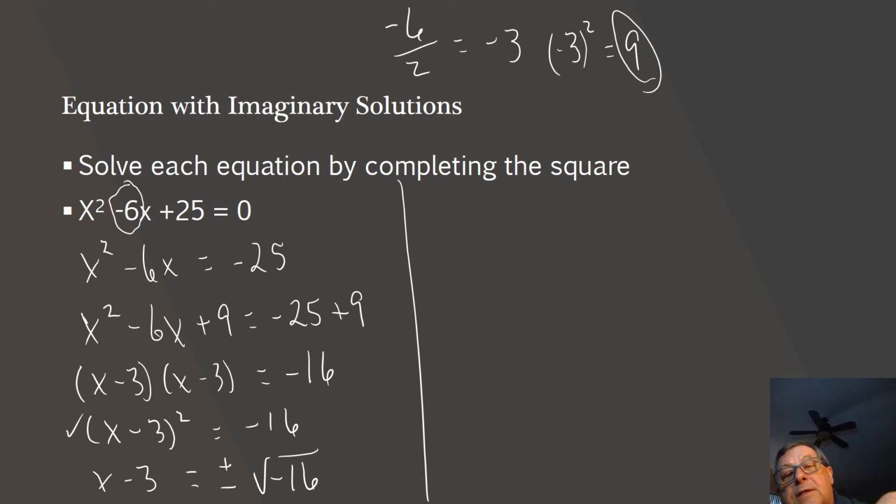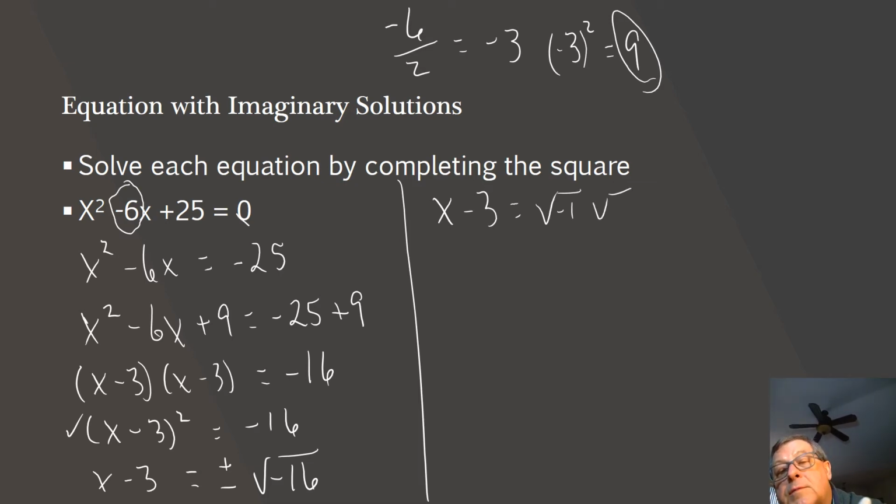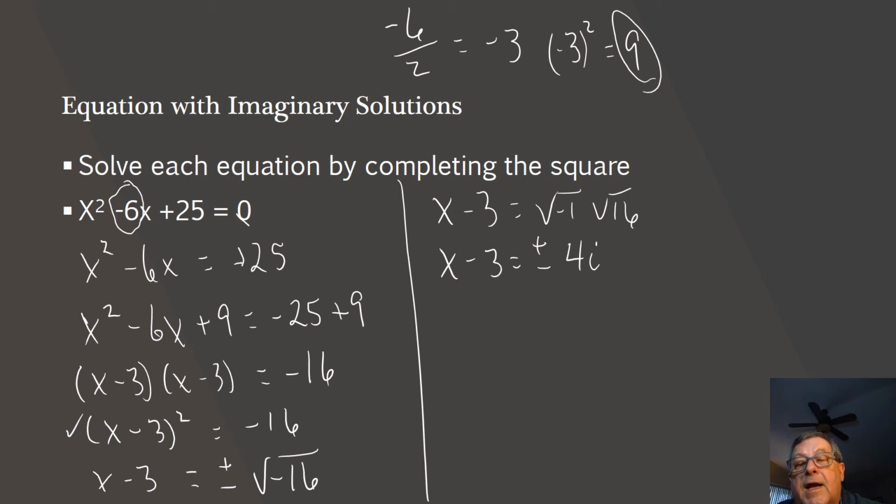And let's do it like this time, just so we got some explanation. So this is equal to the square root of -1 times the square root of 16. That's the square root of -16. And of course, the square root of -1 is i, and the square root of 16 is 4. So we got x minus 3 equals plus or minus 4i, 4 coming from the square root of 16, i coming from the square root of -1.